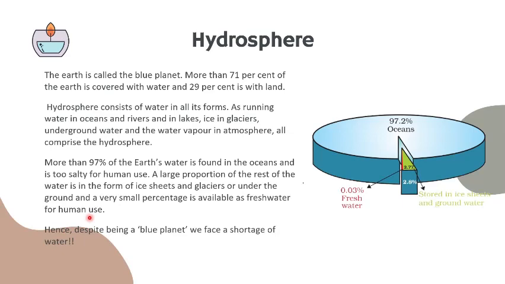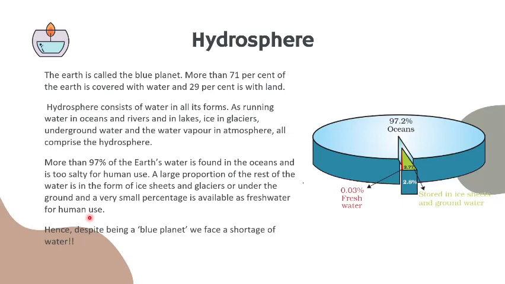More than 71% of the earth is covered with water and 29% is land. Only 29%. So what is the logic behind screaming that we have a loss of water? You'll understand the reason very soon.